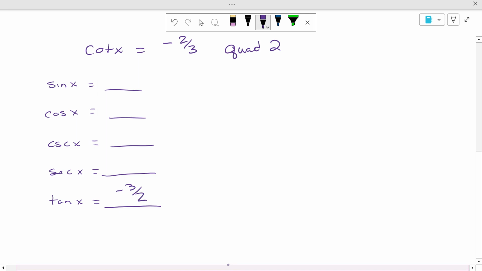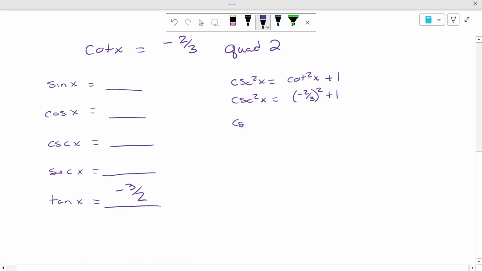All right. Cotangent shares a Pythagorean identity with cosecant. So I know that cosecant squared of x equals cotangent squared of x plus 1. So cosecant squared of x equals -2/3 squared plus 1. What's -2/3 squared?